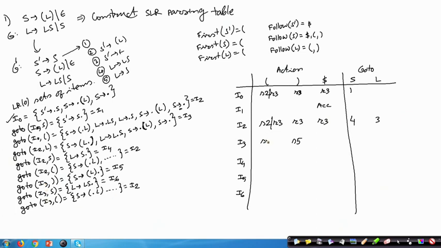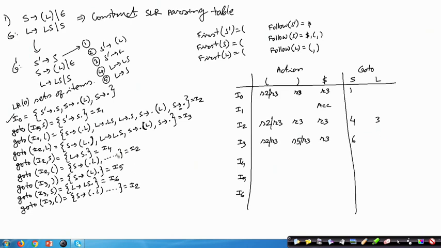So, this is shift 2, and then I have got this S producing dot, so all the reductions will come as we had earlier. This will be reduced by 3, reduced by 3, reduced by 3, and I3 S is 6. I3 L does not have any transition, so it is not possible.